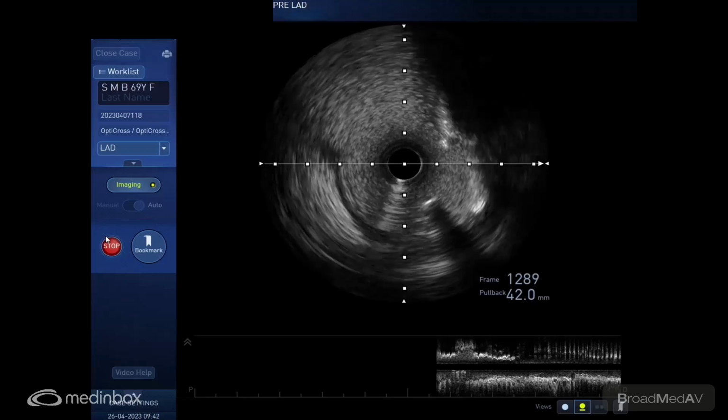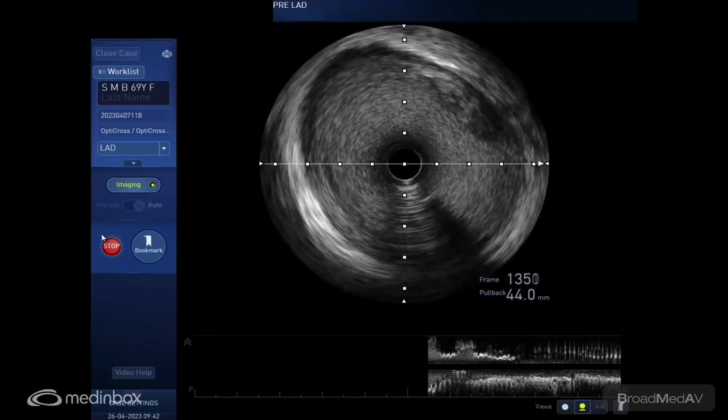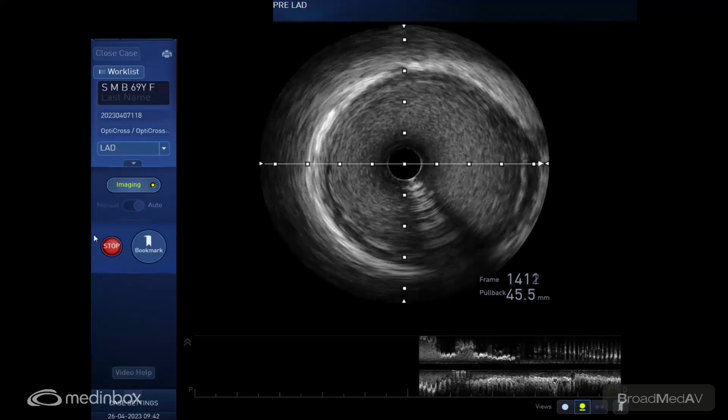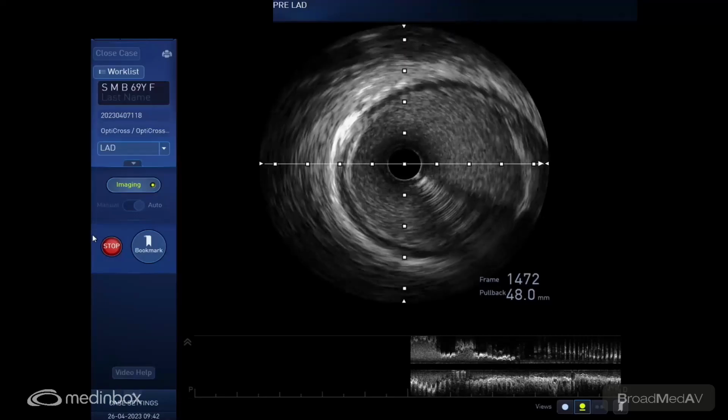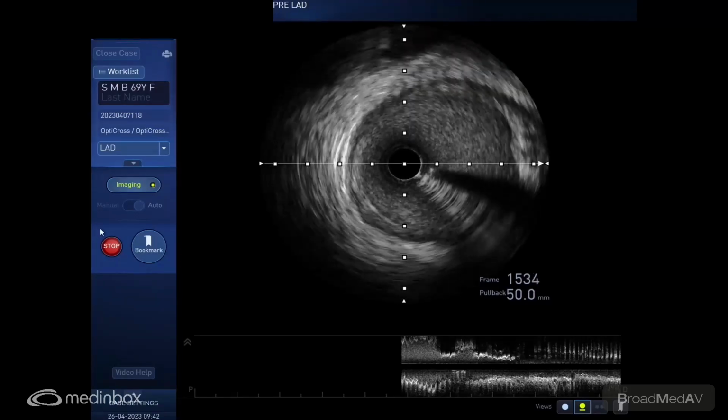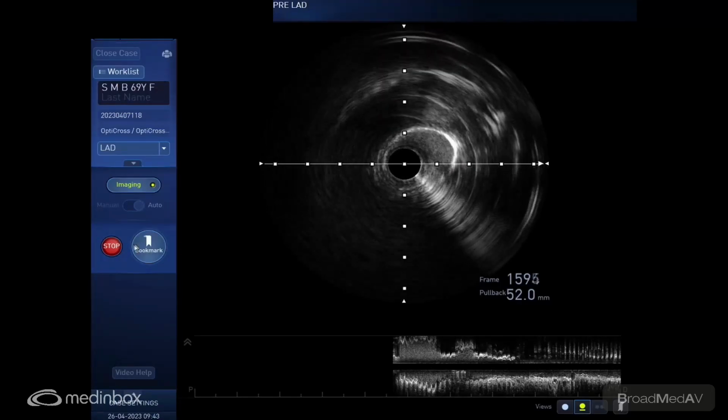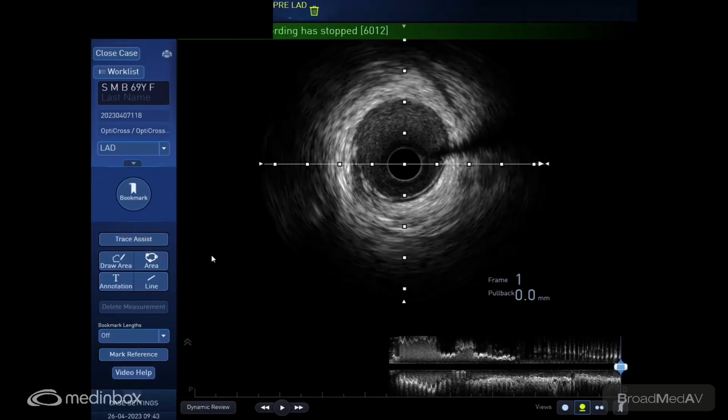Some sort of calcium between 1 to 2 o'clock. That's okay. So here is the left main. Here we are out of the left main and at the right ostium. So I think we'll take some pictures and measurements and then discuss this case with you.